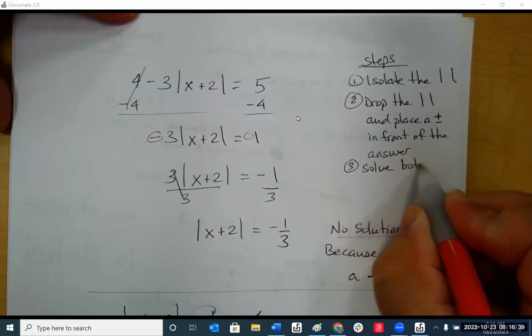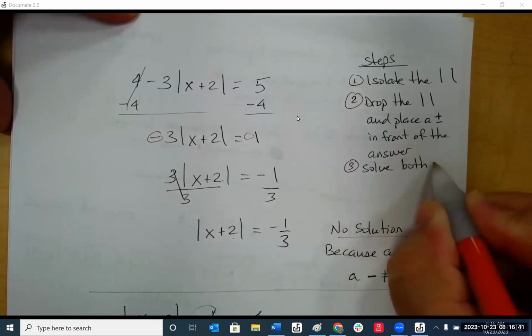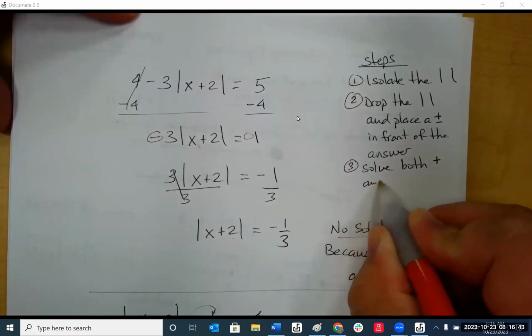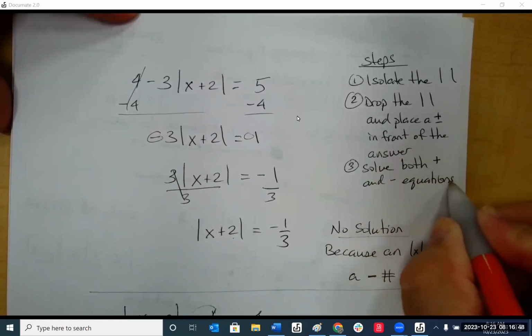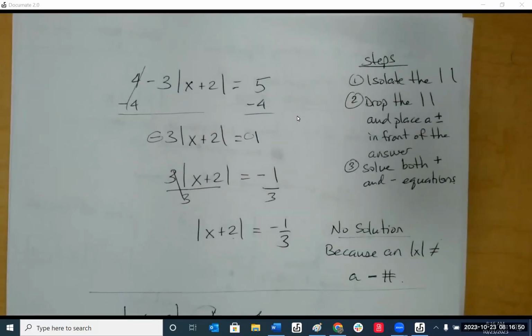Solve both positive and negative equations. Those are the steps.